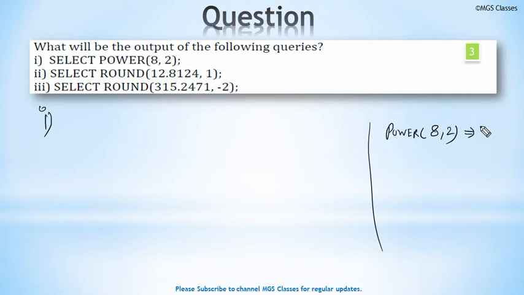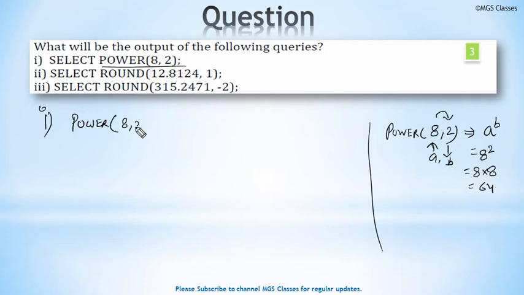So the power function calculates a raised to power b, and a, the number here, is 8, and b is the number here, given as 2. So a raised to power b means 8 raised to power 2, and that is equivalent to 8 into 8, and it's 64. So the first query output will be, you can write like this, power and then 8,2, and then you will write here 64.